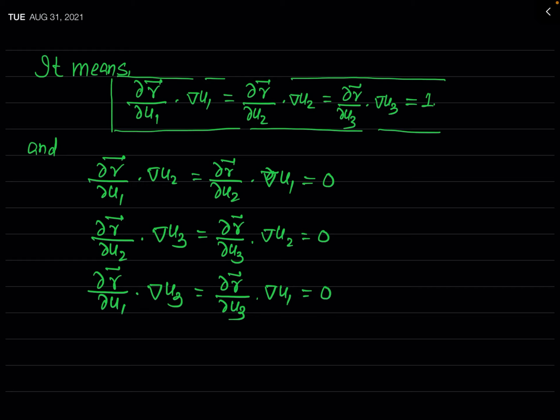These are also 0. So these two sets of results show that the set of vectors del r by del u1, del r by del u2, del r by del u3 and del u1, del u2, del u3 constitute a reciprocal system of vectors.